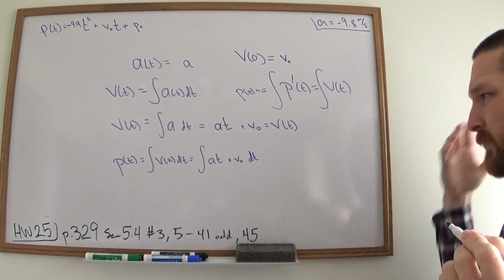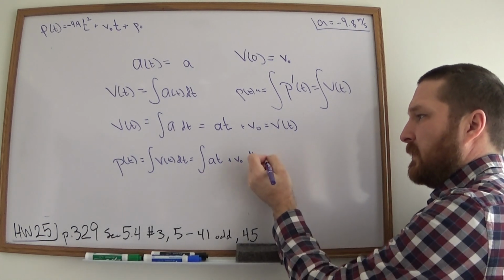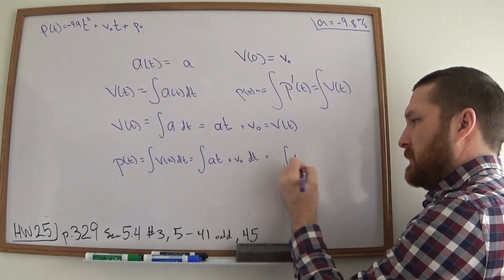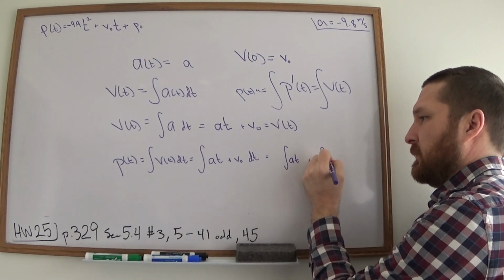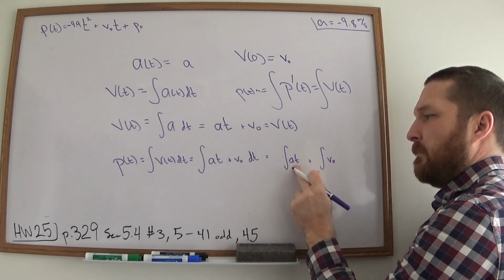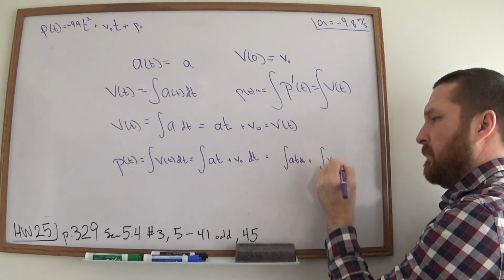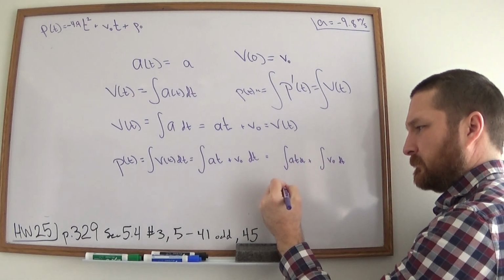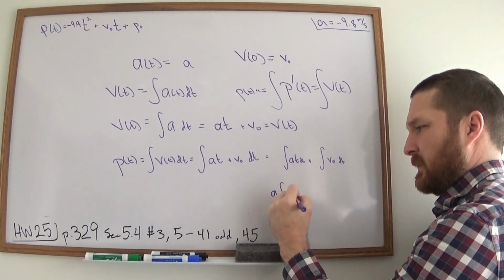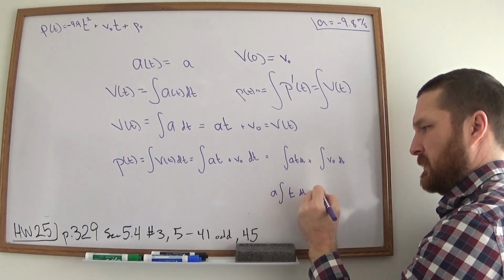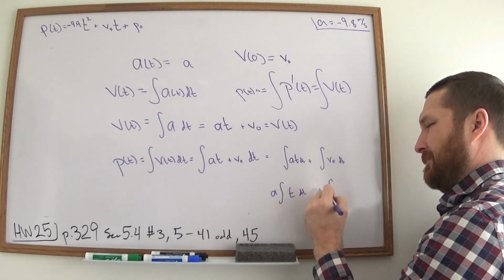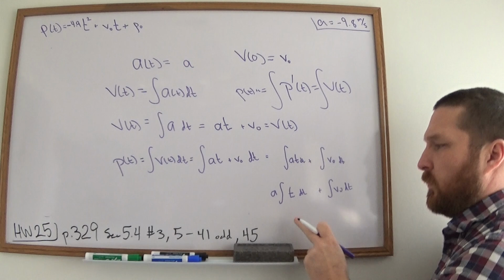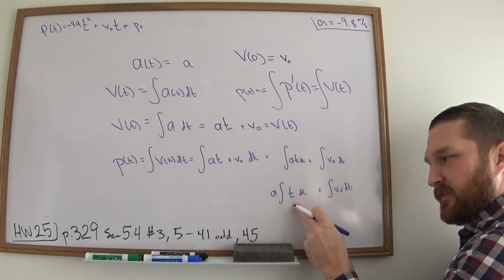Can we split this up? Can we make this easier? Yeah. So the integral of at plus the integral of v0. What's the variable here? t. So can I pull anything out? Pull out an a. a times the integral of t dt, plus, well, it's just a constant. Okay, so then what's the antiderivative of t?